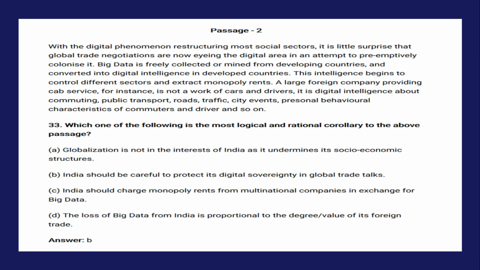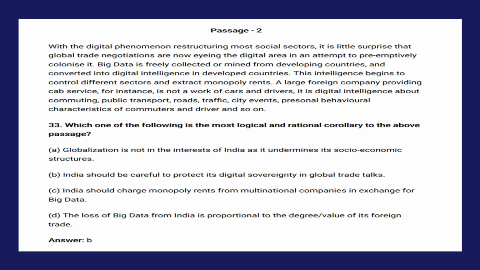Question 33. Which one of the following is the most logical and rational corollary to the above passage? A. Globalization is not in the interest of India as it undermines its socio-economic structures. B. India should be careful to protect its digital sovereignty in global trade talks.